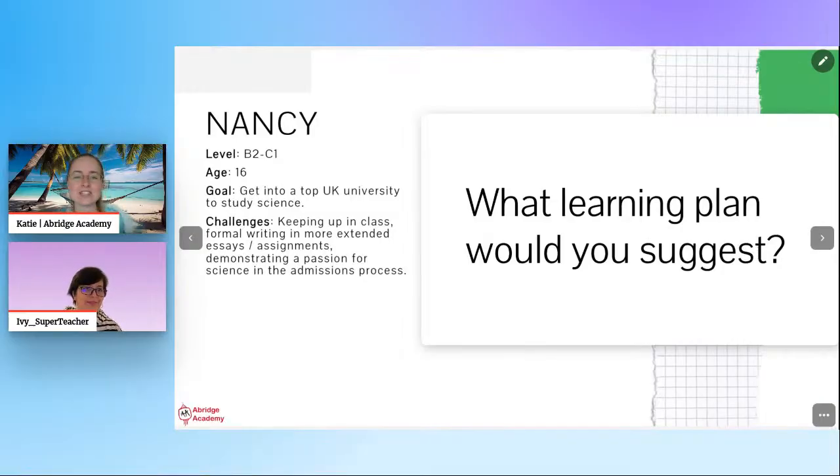Okay, any ideas for Nancy? Age 16, wants to study abroad, struggles with keeping up in class and formal writing, and really demonstrating her passion for science. Ivy, what do you think? Oh, super challenging. I've been thinking about her, and other than essay writing skills, I think I would have to work on her self-confidence mostly.